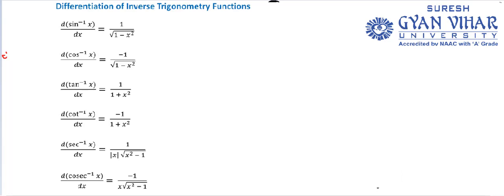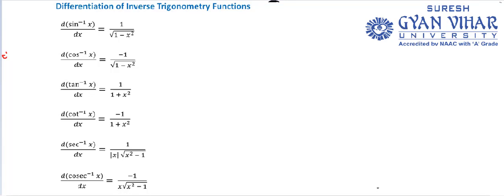Now the fourth one is the differentiation of inverse trigonometric functions, right? So in this you have to just remember the formulas for the inverse trigonometric functions, which is on your screen. You can just take the screenshot of this and remember it, because it has nothing to do with explanation.